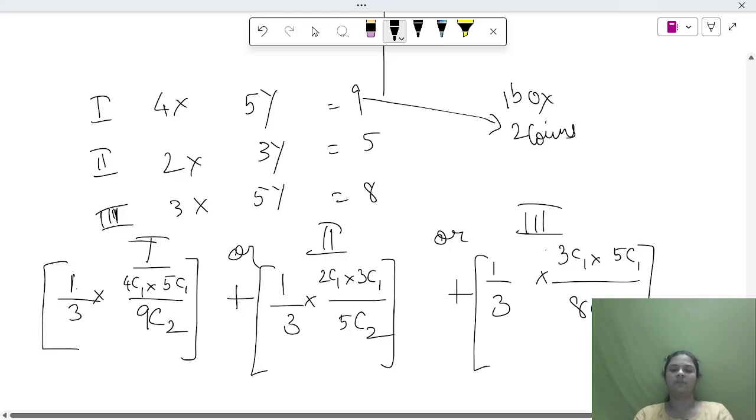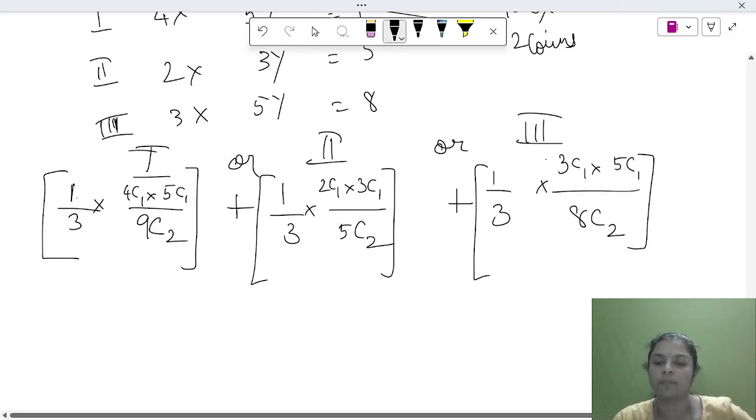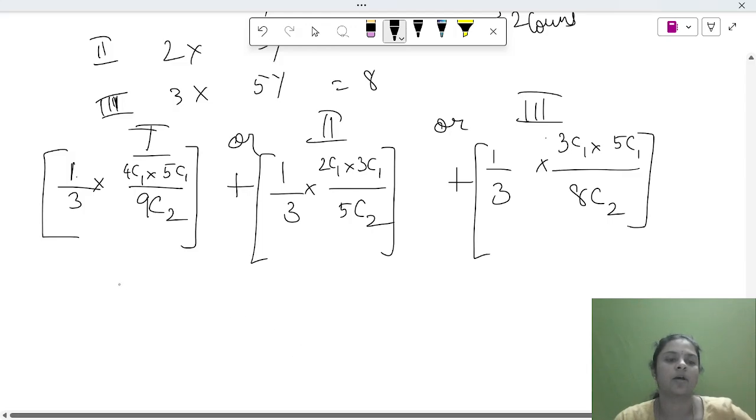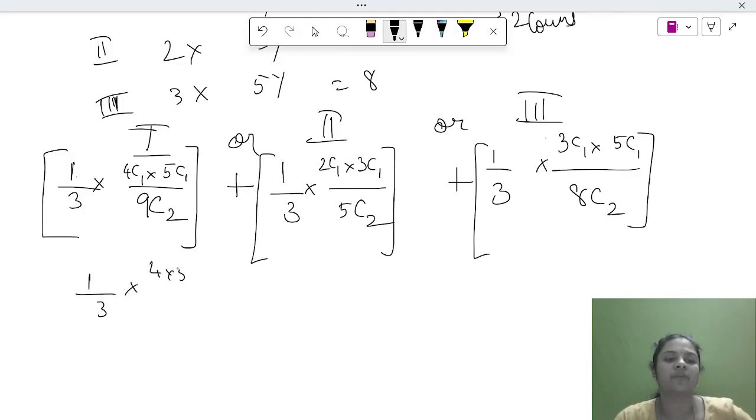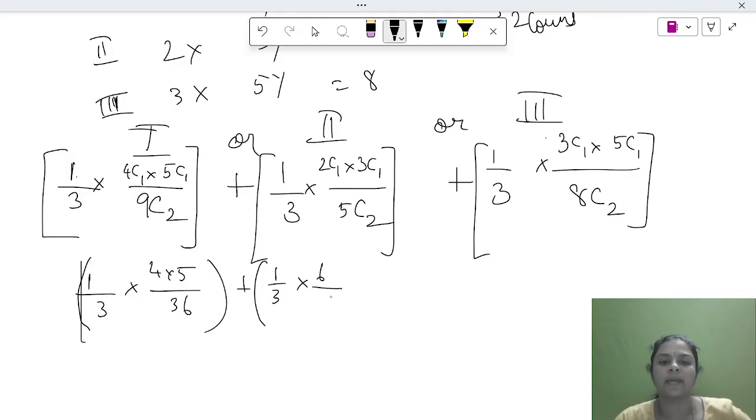So this will give you the total probability, which is 1 by 3 into 4 into 5 by, what is 9C2? 8 into 9, 9 by 2, 9 into 4, 36. Plus 1 by 3 into 6 by 10.